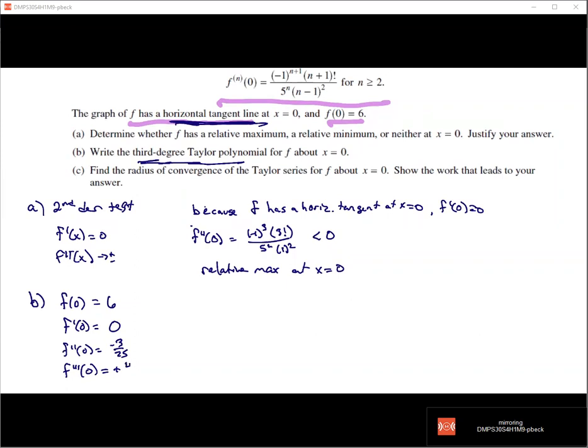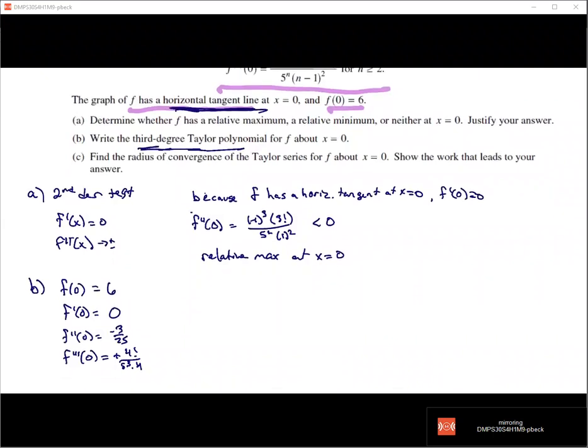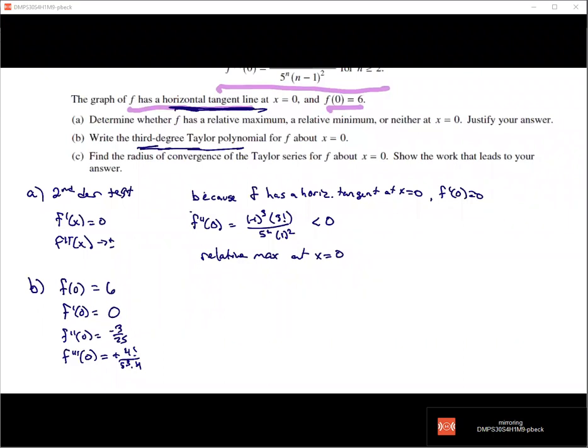We will have 4 factorial over 5 to the third times 3 minus 1 squared, so times 4. So 4 factorial over 5 cubed times 4. We can simplify that. The 4s are going to reduce, so we have 3 times 2, which is 6 over 125.